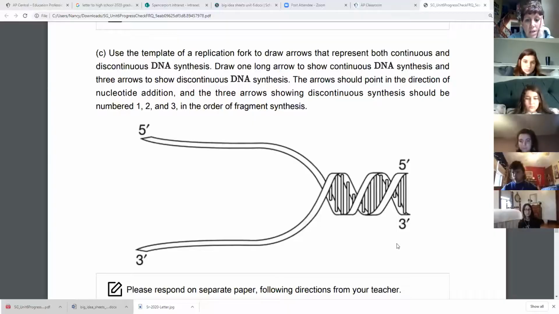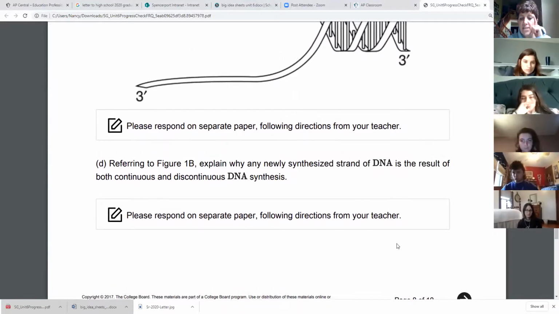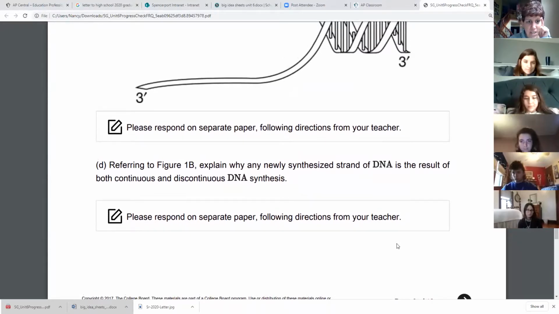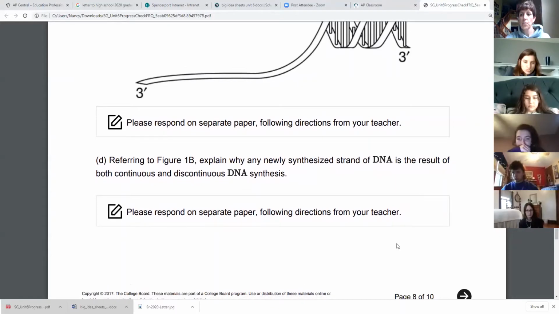Okay. Explain why any newly synthesized strand of DNA is the result of both continuous and discontinuous DNA synthesis. How are those made? I would think here you could write that they're both made by DNA polymerase.